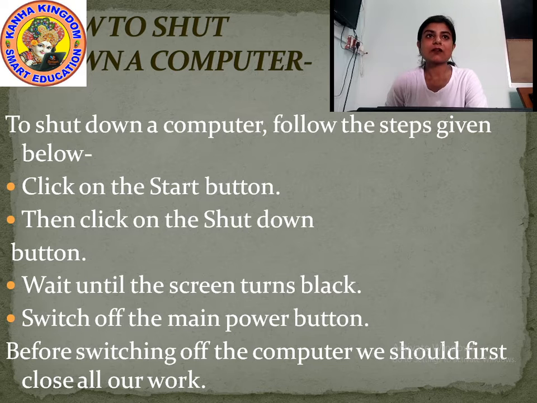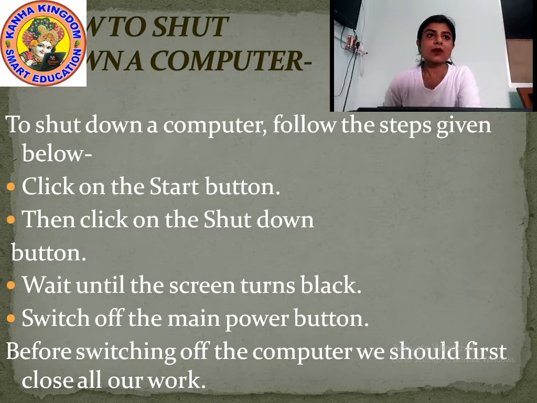First of all, you will click on the start button. Where will you find the start button? You will find it on the window page of the computer, the first page that you see when you start a computer. I will show you later how to shut down practically. First, let me tell you the points.